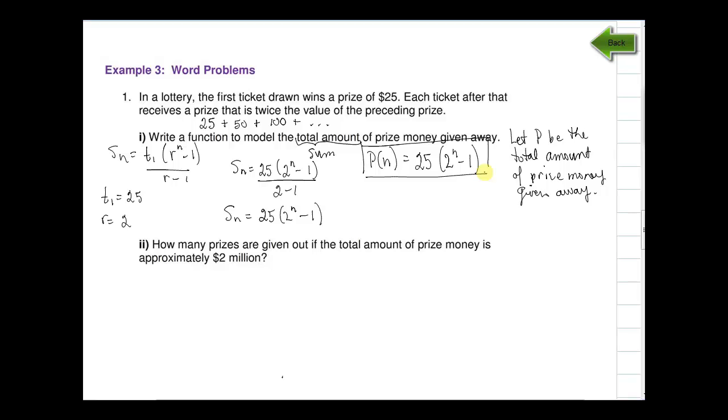Okay, so on the second part of the question, you've been asked to determine how many prizes are given out if the total amount of prize money is approximately $2 million.